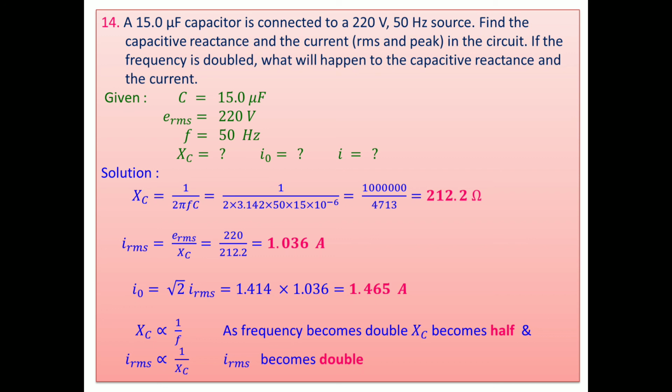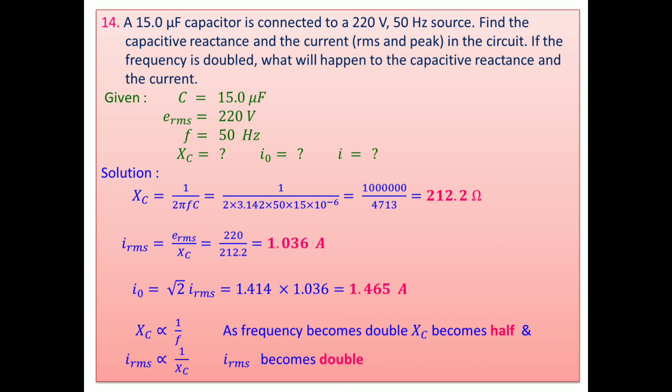And RMS voltage is given 220 and 50 hertz frequency is given. Find the capacitive reactance and the current, RMS and peak, in the circuit. If the frequency is doubled, what will happen to the capacitive reactance and current? That type of problem is there.